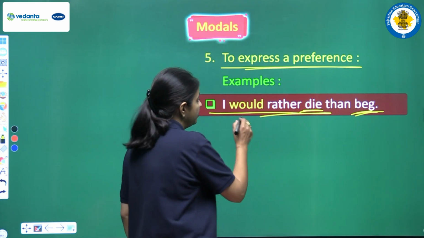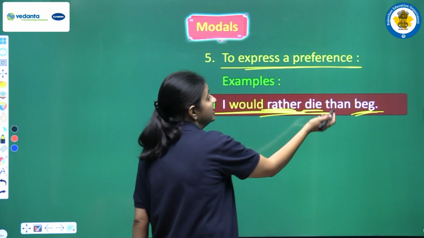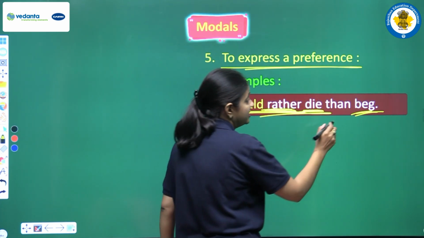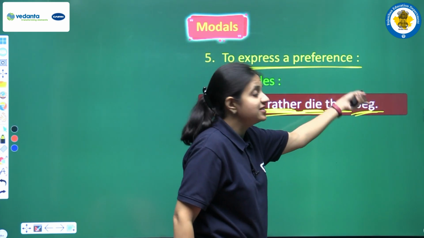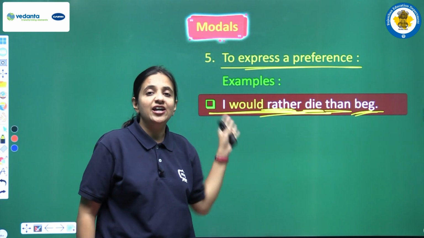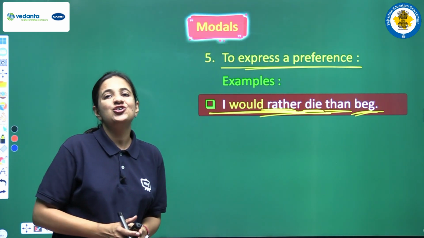Always, would is used with rather. Rather will always come with would. I would rather, then we choose our option, our priority, and then the word than will be there, and after that the second option. This is the very particular structure that we have to use when we are using would to show preference, to show priority.